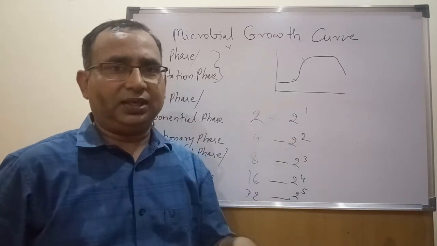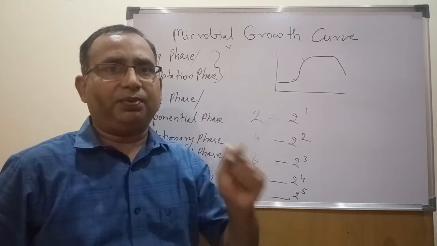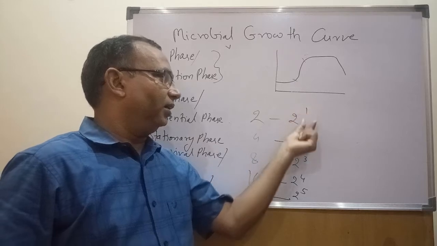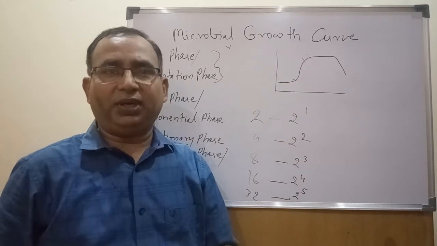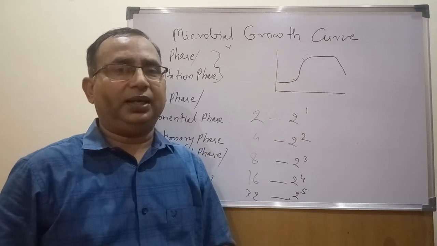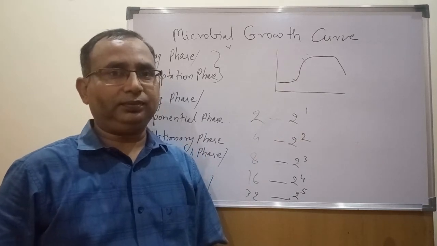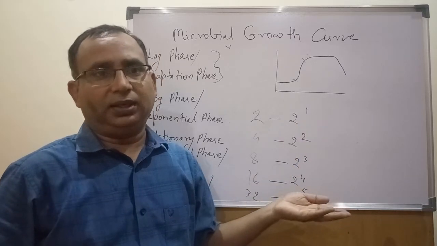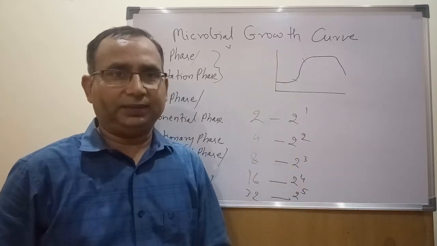And since here the number of microbial population is increasing by its exponent form, hence this phase is called the exponential phase. And since it follows the logarithmic rule, it is also called the log phase.